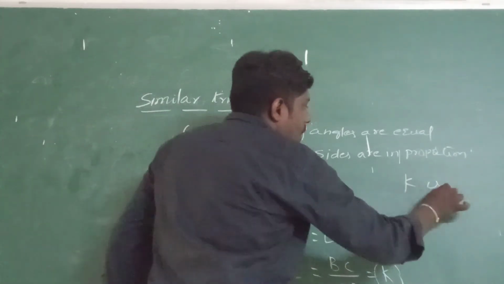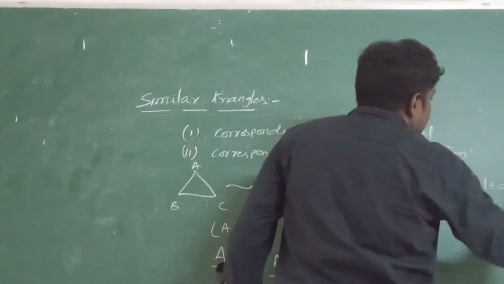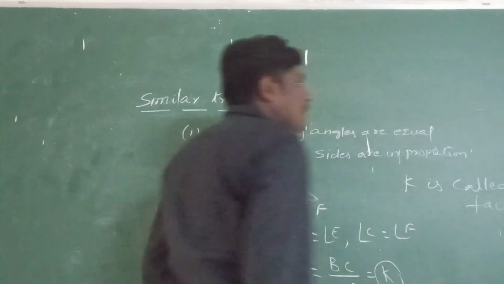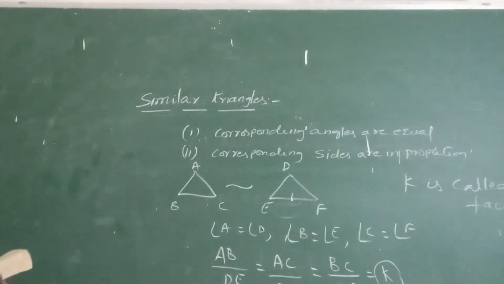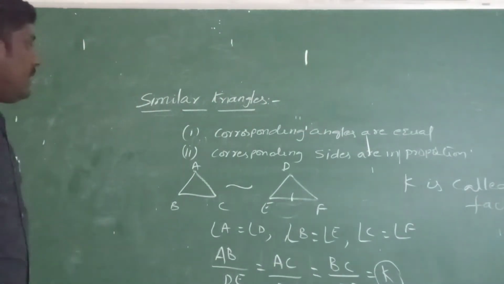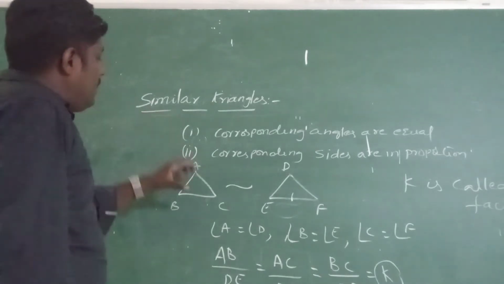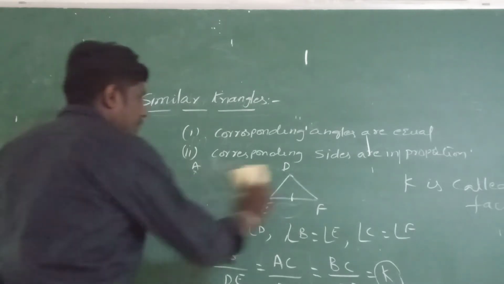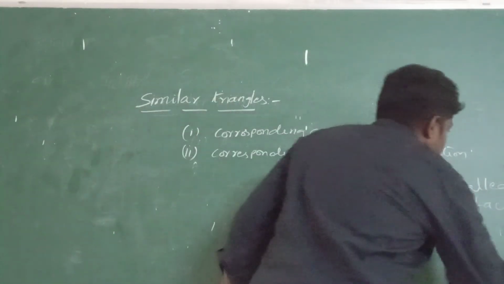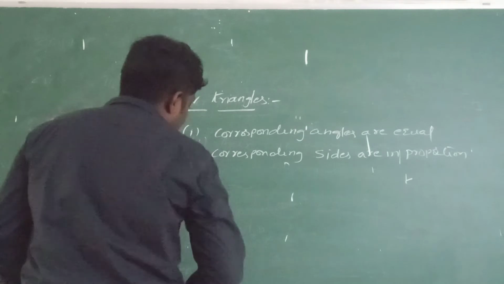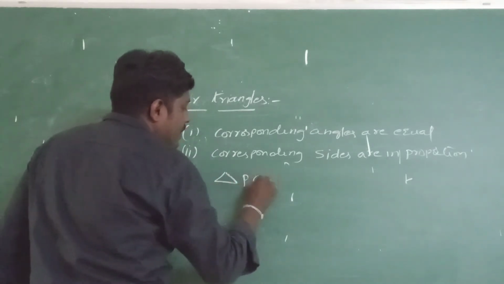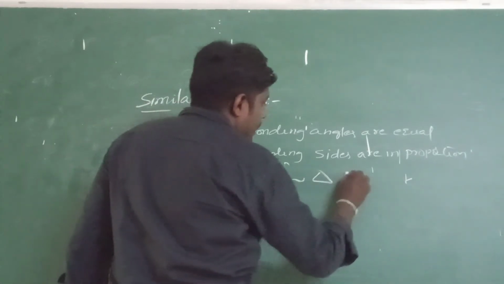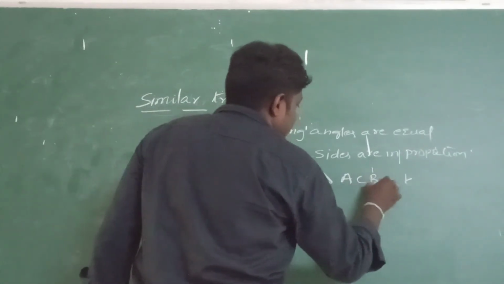K is called scale factor. Only if this condition is satisfied do we call these two triangles similar. Triangle PQR is similar to triangle ACB.